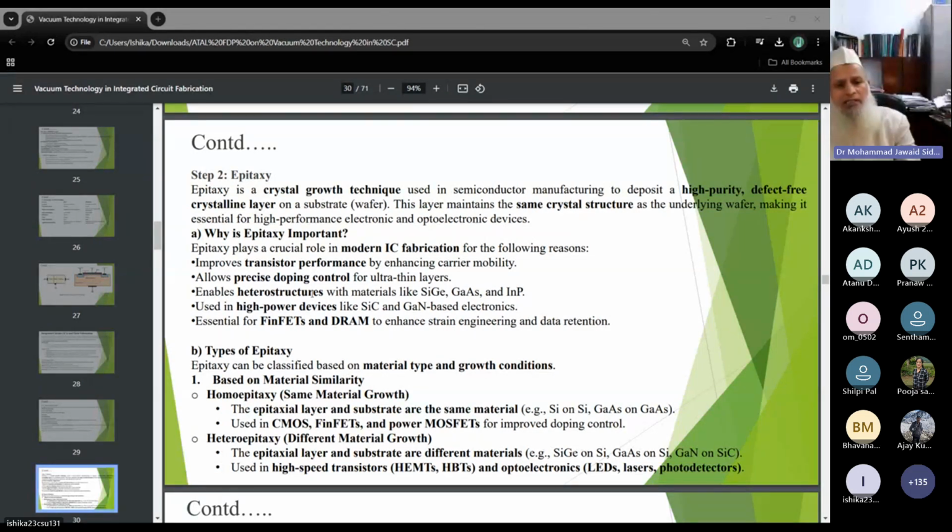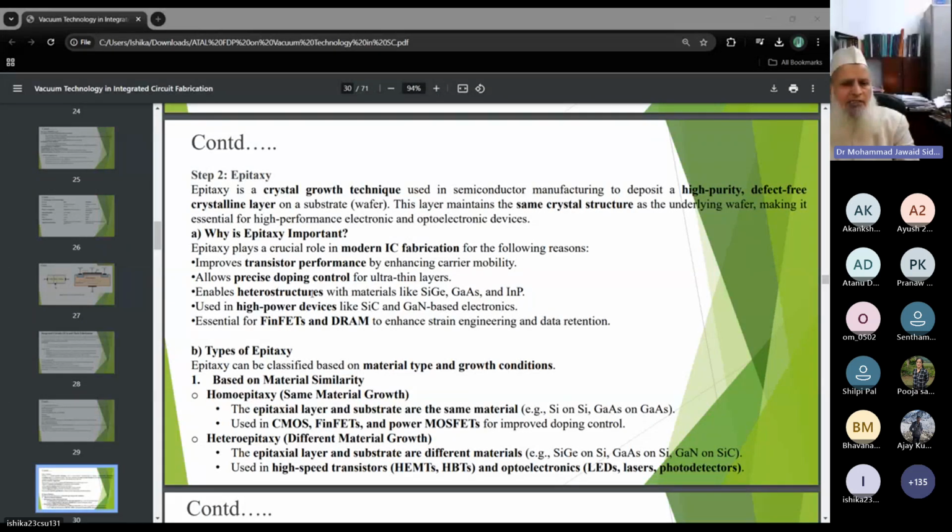Epitaxy is a crystal growth technique used in semiconductor manufacturing to deposit a high purity, defect-free crystalline layer over a substrate wafer. This layer maintains the same crystal structure as the underlying wafer, making it essential for high performance electronic and optoelectronic devices. Why is epitaxy important?